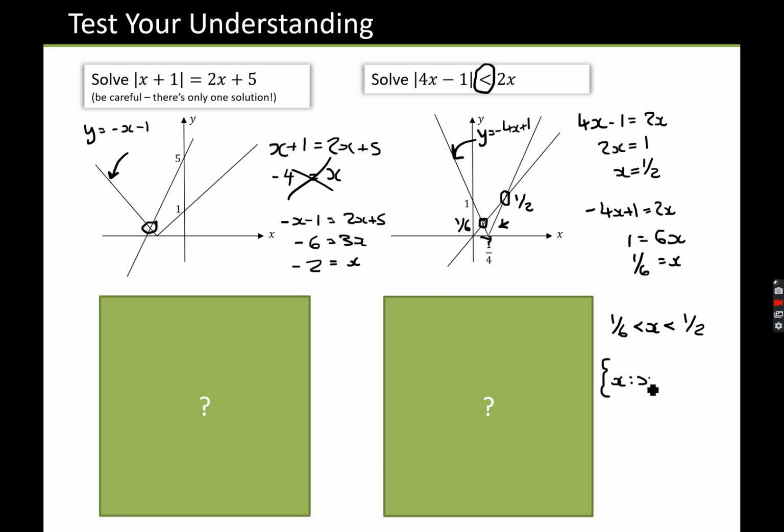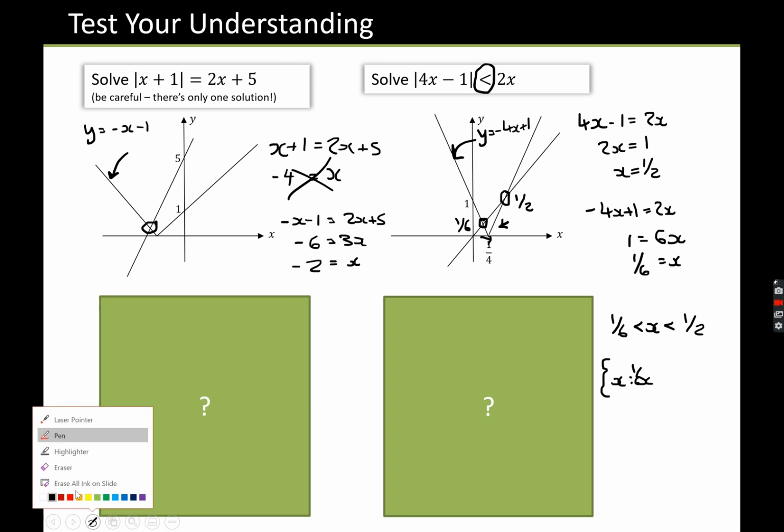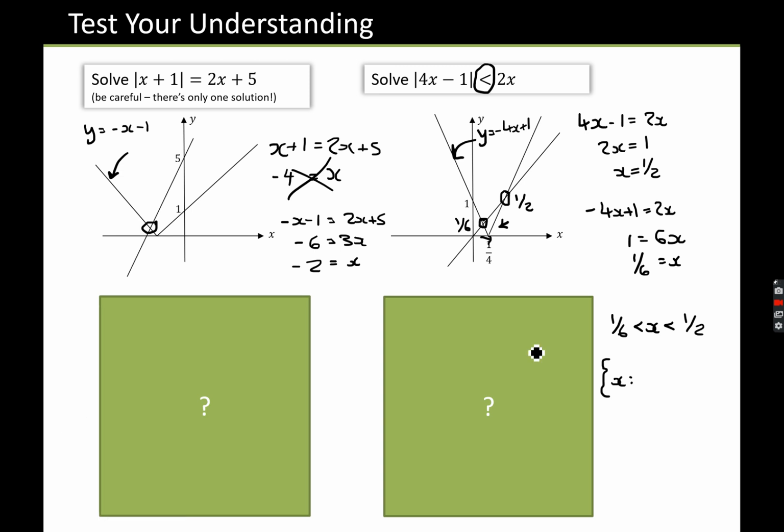Make sure we remember how to use our set notation. So we'll have x such that a sixth is less than x, which is less than a half.